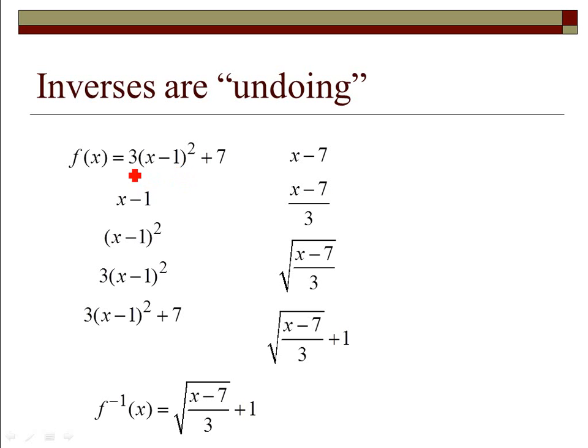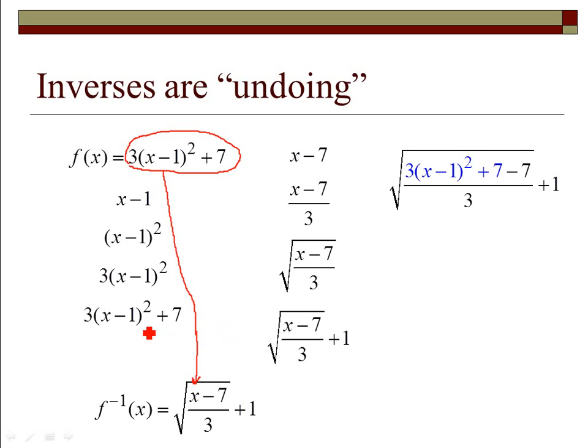So if I took this equation right here and I plug it in to the x right here, watch what occurs. Well, first of all, the 7 and the negative 7, they add to 0.